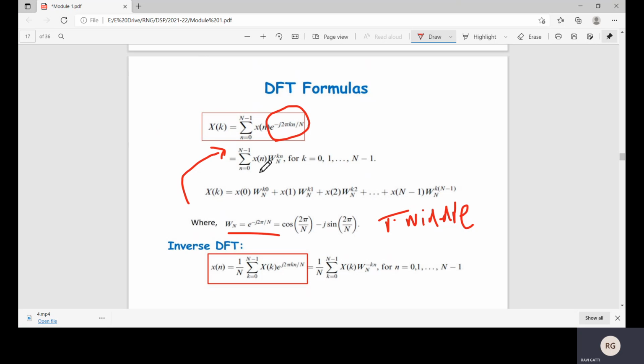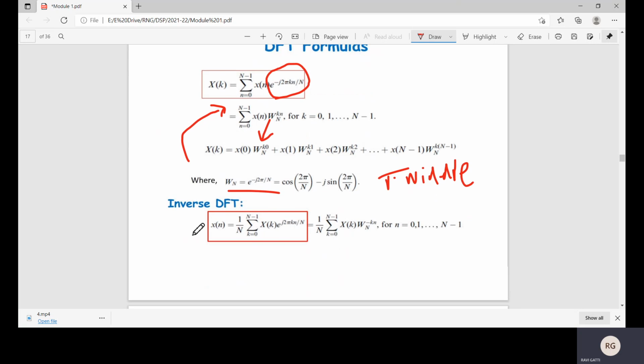So when n is equal to 0, you get x of 0 omega N to the power of k into 0, which is 1, and x of 1 omega N to the power of k into 1, plus x of 2 into omega N to the power of 2k, and so on up to the last sample, which is N minus 1. Therefore you will have x of N minus 1 omega N to the power of k into N minus 1.